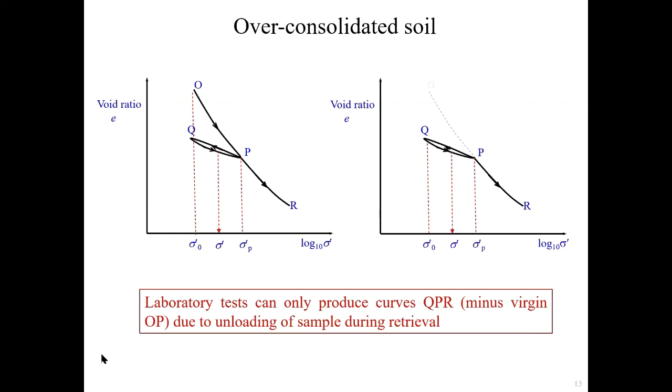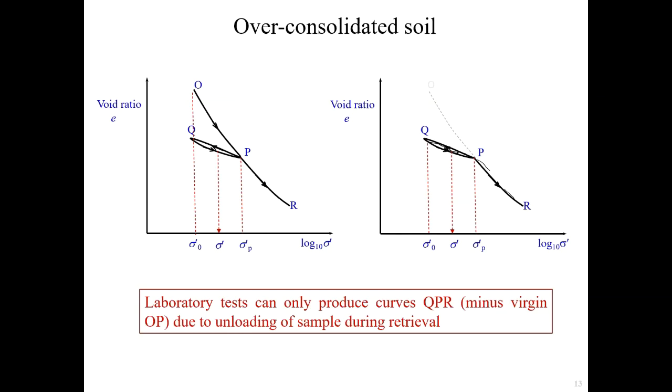Through the lab test, we can only get the curve QPR. If we check the previous oedometer testing curve, normally we only have QP and PR. Hardly can we get this OP curve. PR is the normal loading curve, and PQ is the unloading curve.